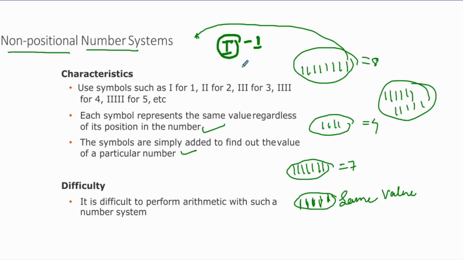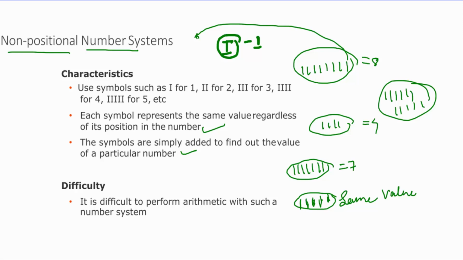That is the difficulty in a non-positional number system. You need to write the first vertical lines and again the second vertical lines to add them. This difficulty is overcome in the positional number systems. So we will discuss those positional number systems in this class.